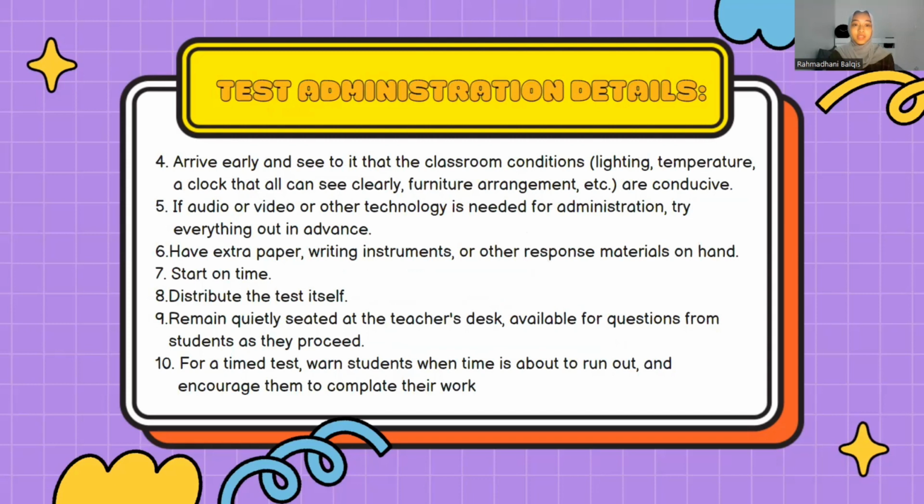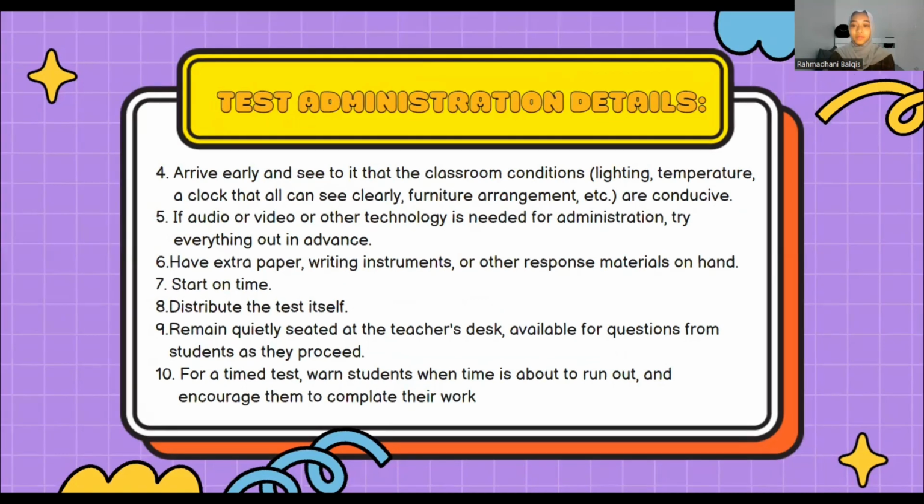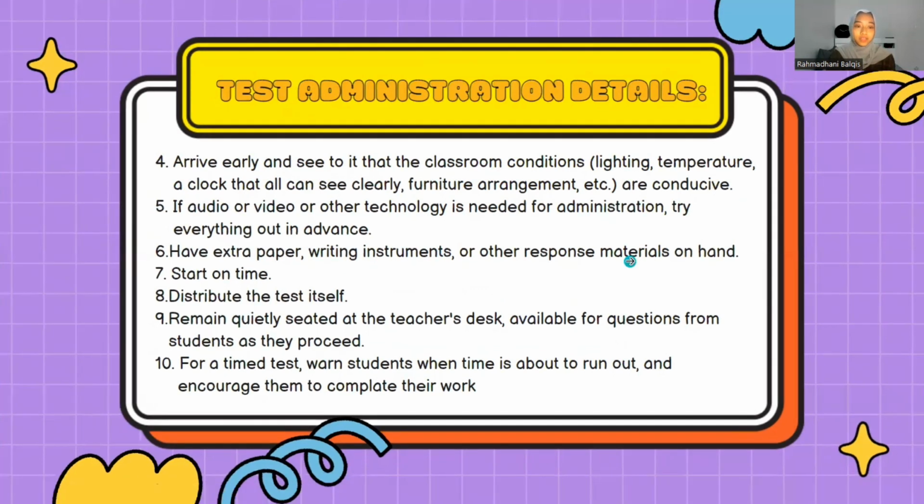The next is test administration details. Arrive early and see to it that the classroom conditions, like lighting, temperature, a clock that all can see clearly, furniture arrangement, and so on, are conducive. The next is if audio or video or other technology is needed for administration, try everything out in advance.